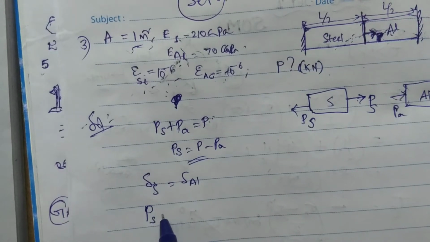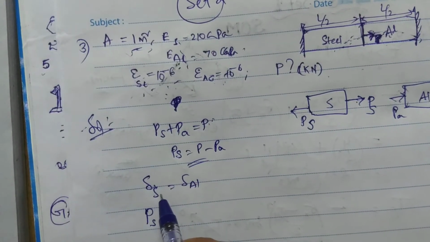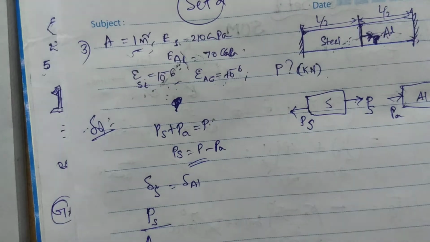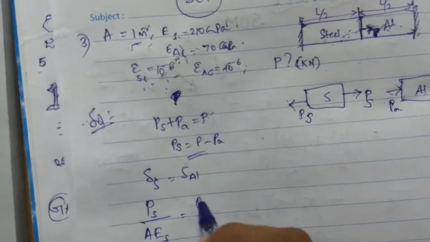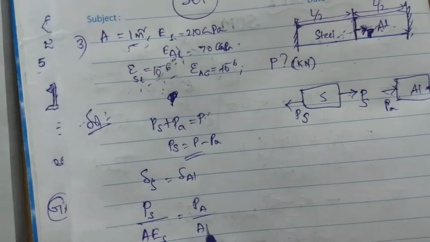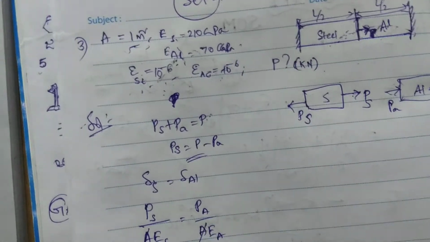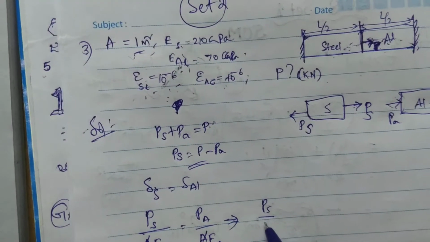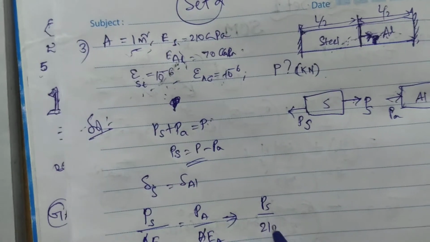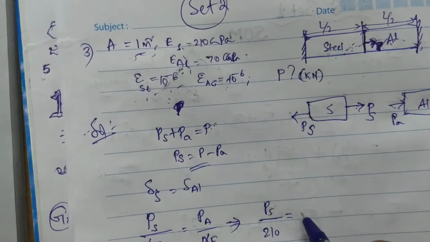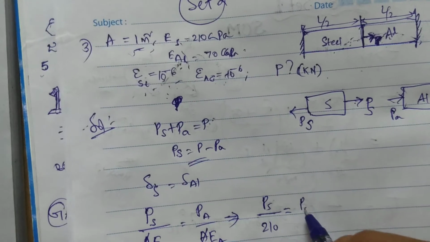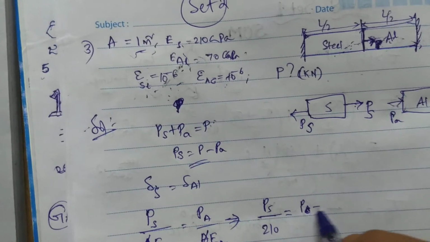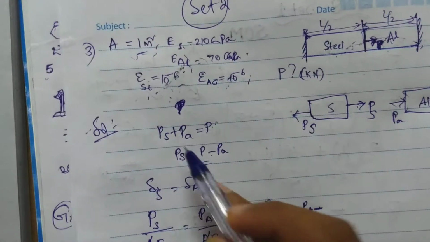So PS by AES equals PA by area of cross section into EA, and the areas of cross section are the same. So PS by Young's modulus of steel, which is 210 gigapascals, and for aluminium PA is nothing but P minus PS.